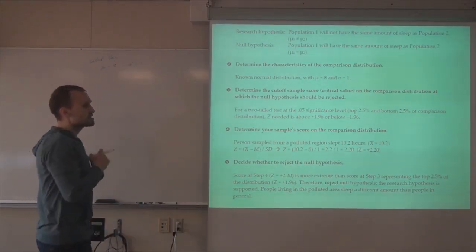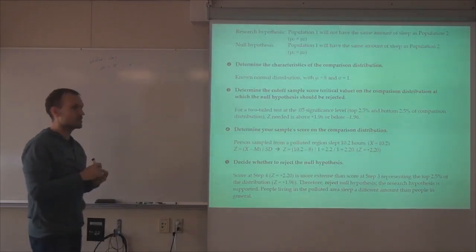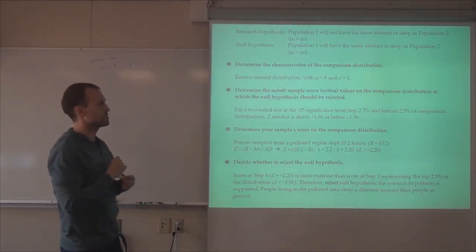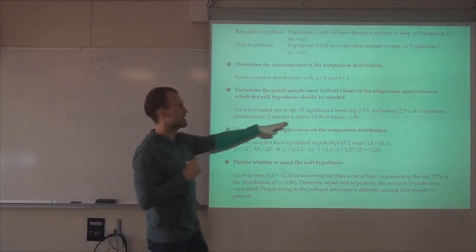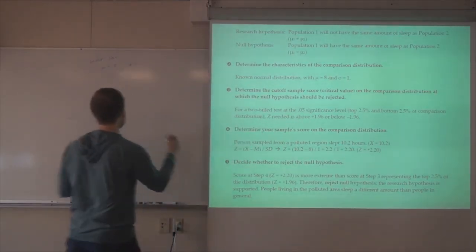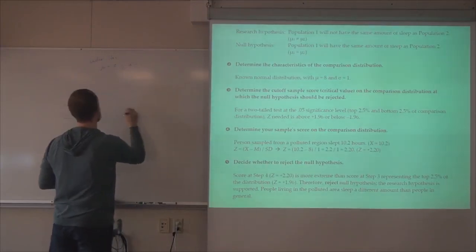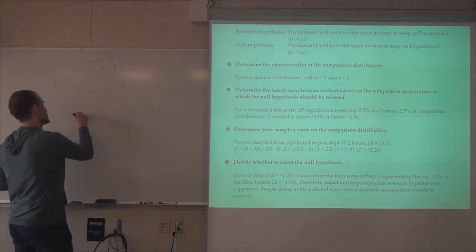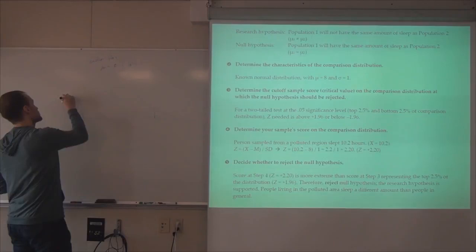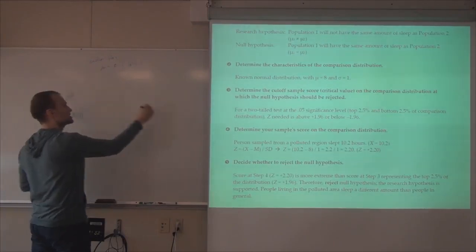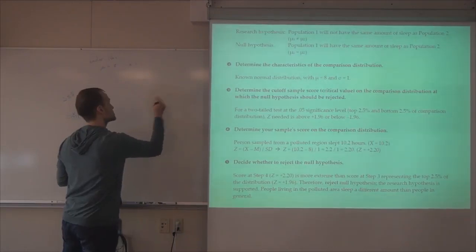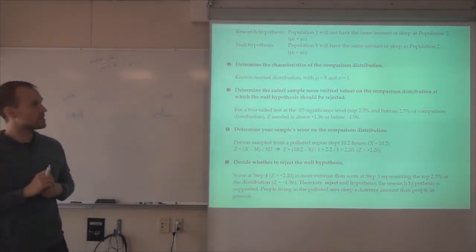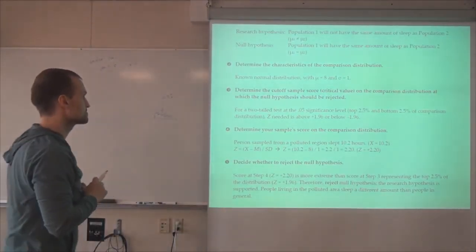Now I have a two-tailed test, so I'm trying to see if there is a difference in the mean. So at a 5% significance level, I'm going to have to split that up into two tails. Each side will be 2.5%. So in total, I have 5%.